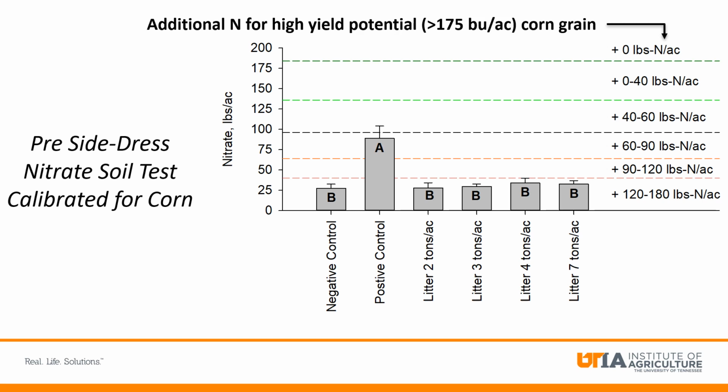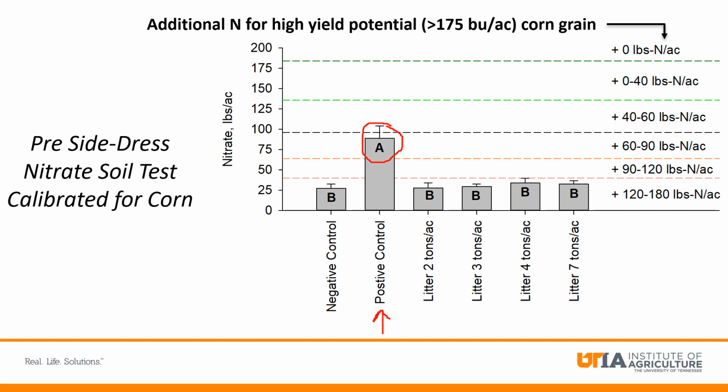You can see here we did pull these soil tests for 2019 at Milan, and clearly one of the things that's driving the decreased yield for the litter plots is a lack of nitrogen availability. For the positive control, we have a good accounting for the commercial nitrogen fertilizer that we applied at planting. Remember, these numbers only reflect the amount of fertilizer that was applied at planting and not split, because the samples were collected at V4.